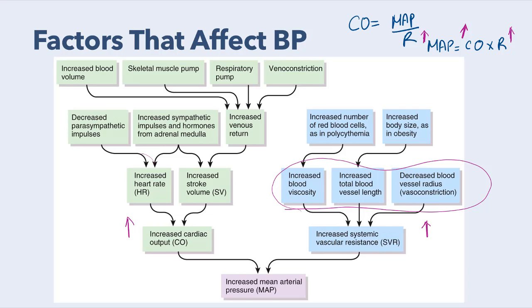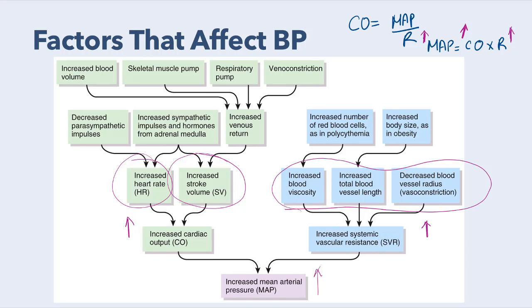And we also know the factors that can influence cardiac output in relation to stroke volume and heart rate. So anything that causes cardiac output to go up, anything that causes resistance to go up will eventually cause the pressure to go up. But how can we control the pressure once it's higher or lower than usual?